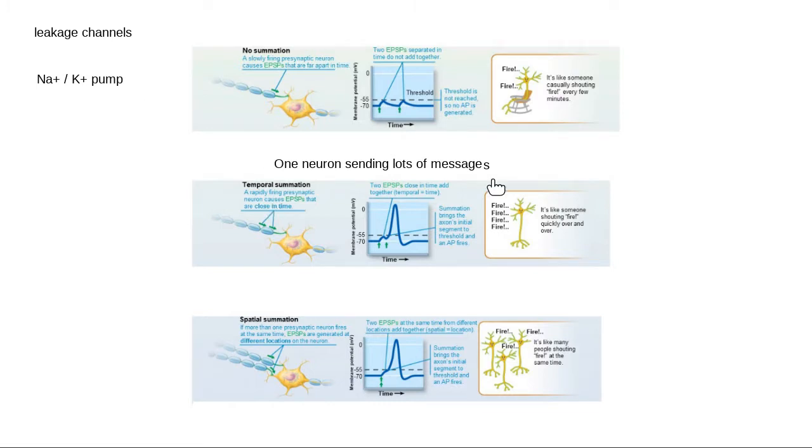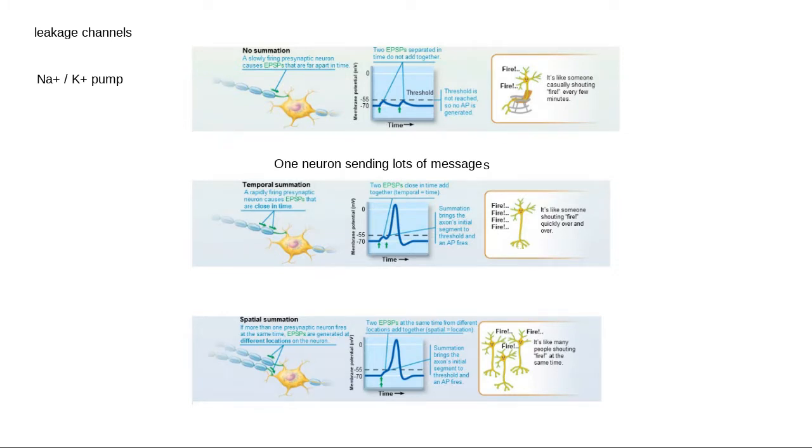With neurons sending lots of messages, neurons only have the ability to send one kind of message. So what I mean by that is either you are a neuron that's telling your neighbors, you should go talk to somebody else, or you're a type of neuron that always says, don't you dare talk to anybody. There's only two options.